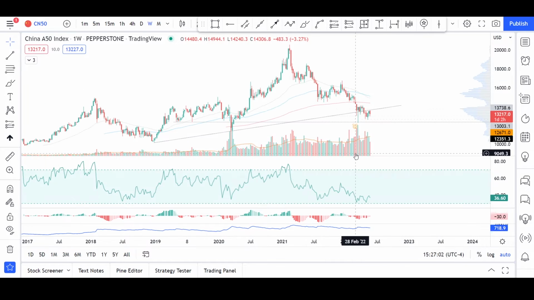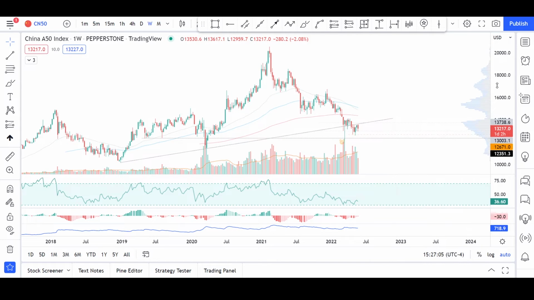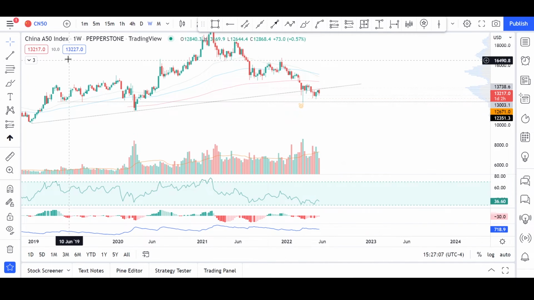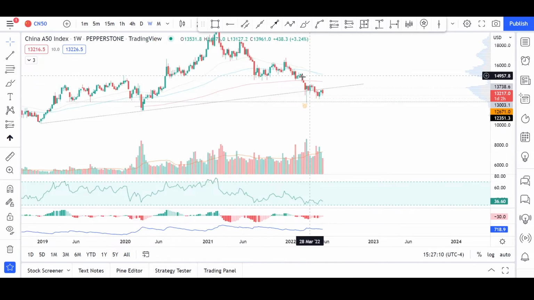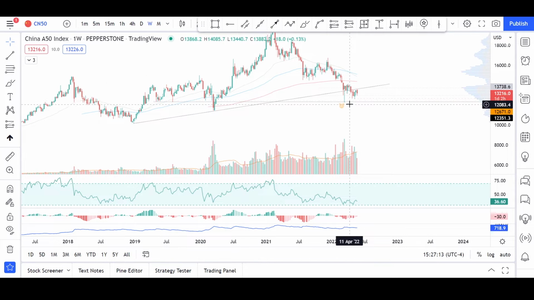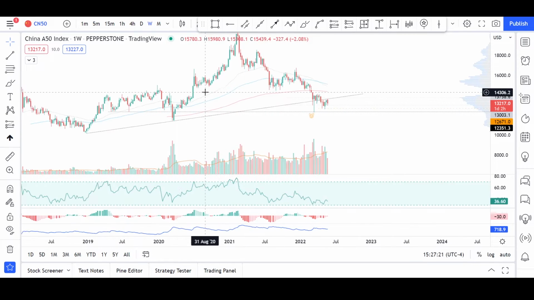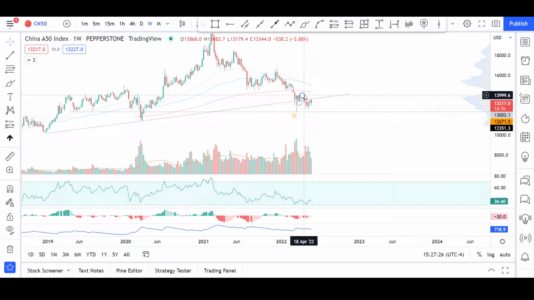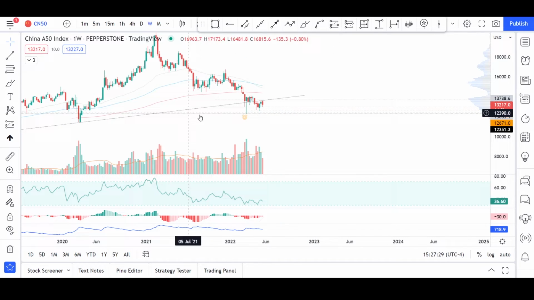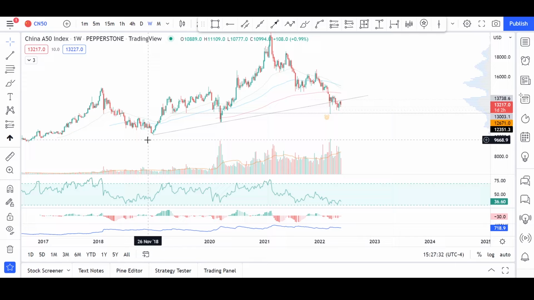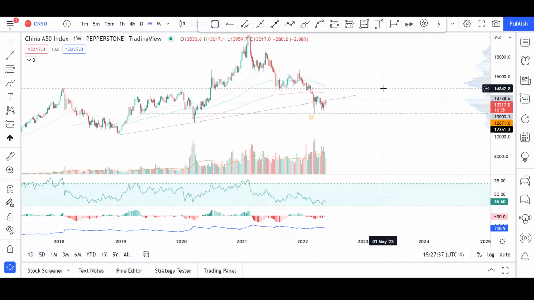And right now let's have a look at the China A50 index that covers just 50 stocks of China, but it's also an indicator of Chinese economic sentiment. We are struggling with getting through those 14,000 points, and without this there won't be any chance to see a bull market in the coming second half of 2022.